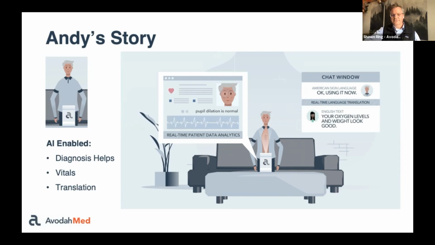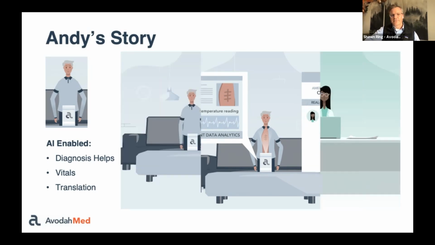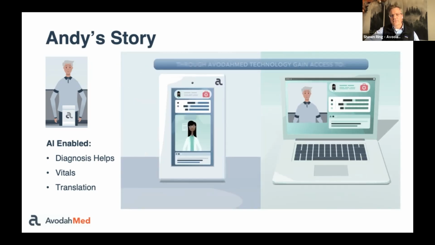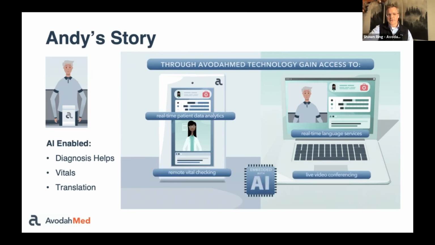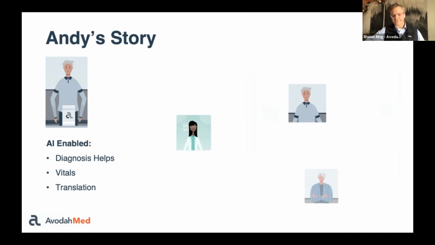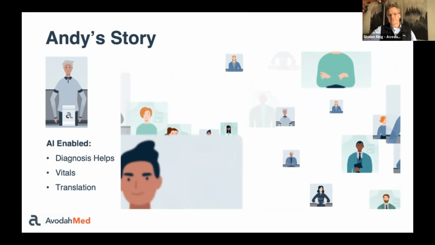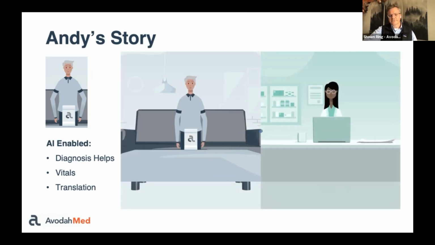Andy and his doctor are also able to communicate directly in real time through language capture and translation. Patients can connect with their doctors remotely with the same capability for diagnosis and treatment as an office visit. Avoda Med unlocks care through intelligent tools and services by improving care for you, your doctor, and your loved ones.